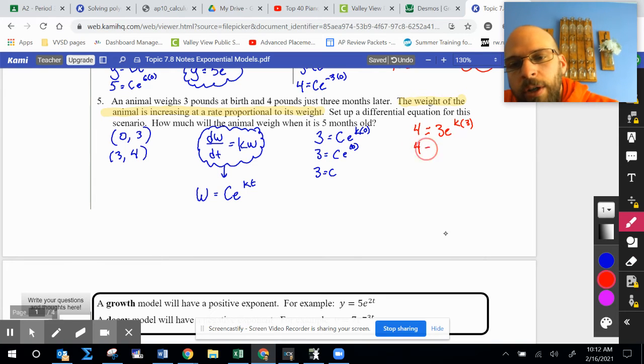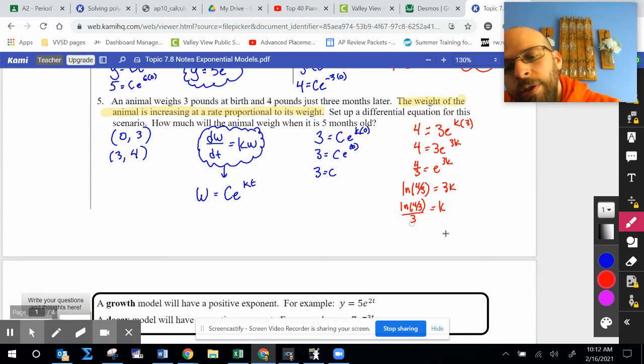So I get 4 equals 3e to the 3k. I'm going to divide the 3 over. Now, these numbers typically don't come out very nice, just a heads up. I'm going to take the natural log of both sides, and then I'm going to divide by 3. So I get the ln of 4/3 all over 3 is equal to k.